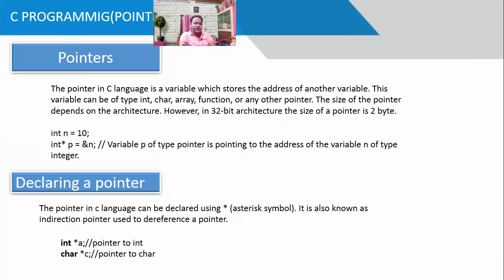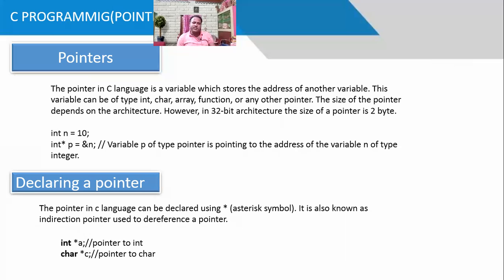The pointer is a variable which stores the address of another variable. Like if I am asking for your friend's address, you are a variable and you have the address of another variable, your friend. A pointer is just like that.